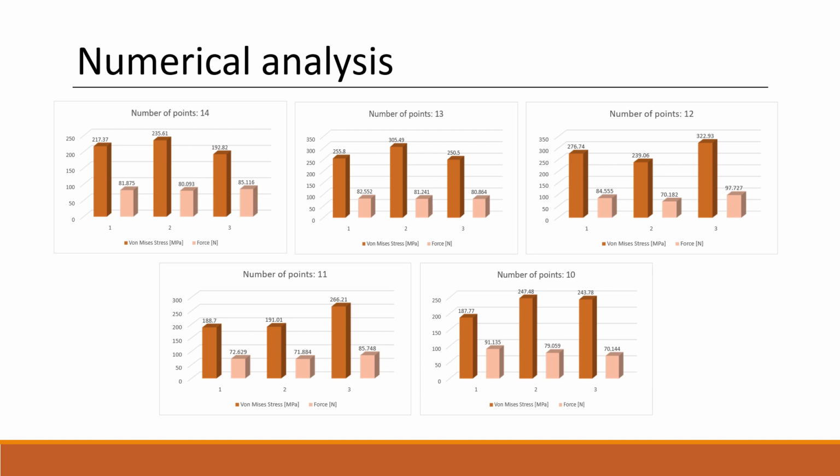The highest force can be achieved by the structure with 12 random points, 97 Newton, followed by the structure with 10 points, 91 Newton. The structures with 11 and 14 points are equal at 85 Newton, and the structure with 13 points can achieve a force of 82 Newton.